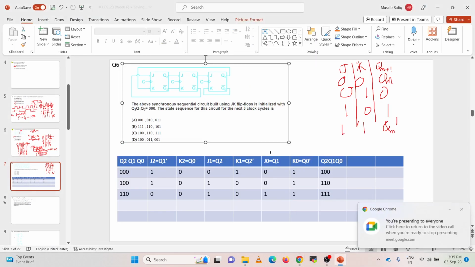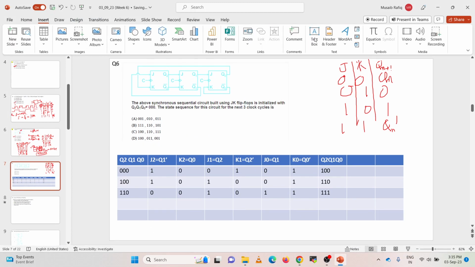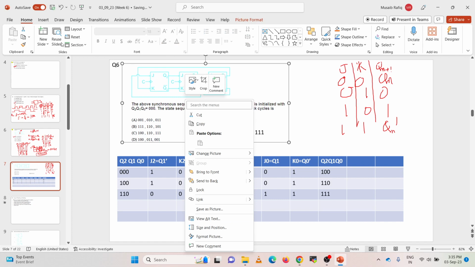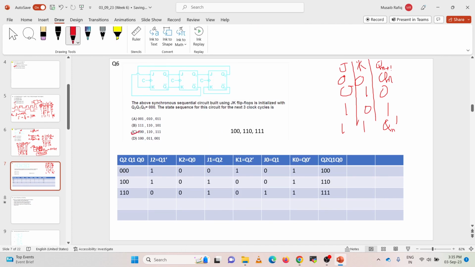So for the three clock cycles, after three clock cycles, what are my states? My states are 100, 110, and 111. So that is option C. Option C is my right answer.